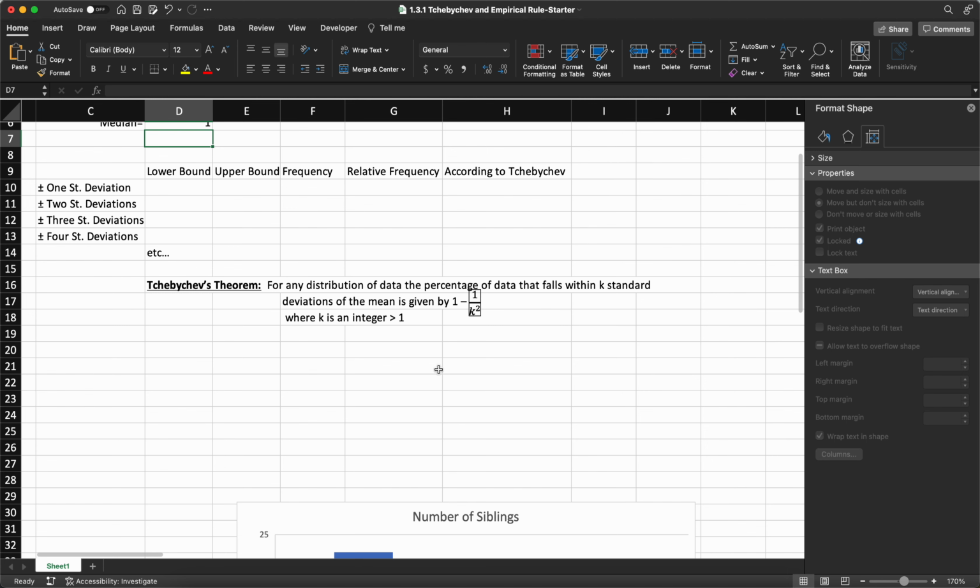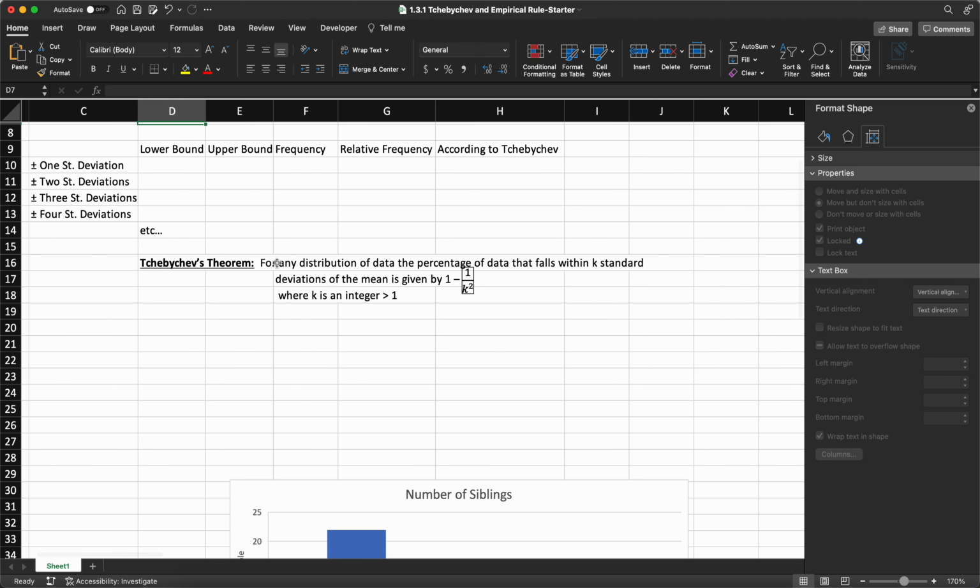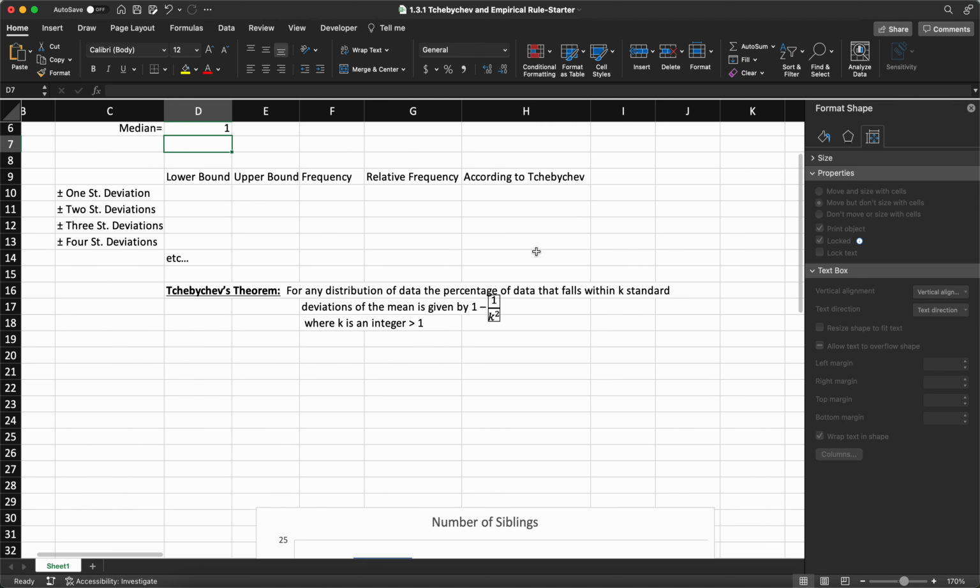And what Tchebychev says is that for any distribution of data, no matter what the shape is, the percentage of data that falls within k standard deviations of the mean is given by 1 minus 1 over k squared, where k is an integer that's greater than 1. So according to Tchebychev's theorem, I don't know anything about how much data should be within 1 standard deviation of the mean.